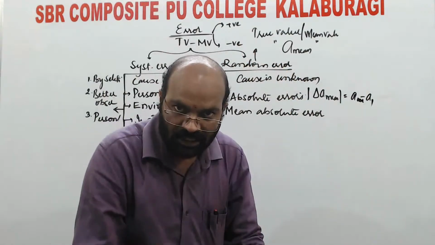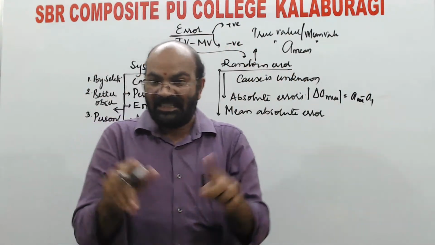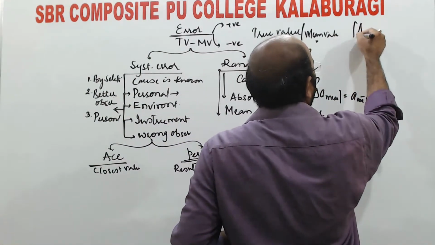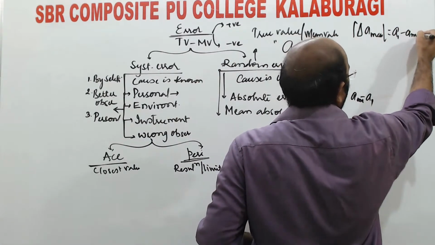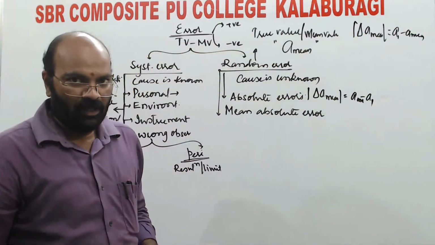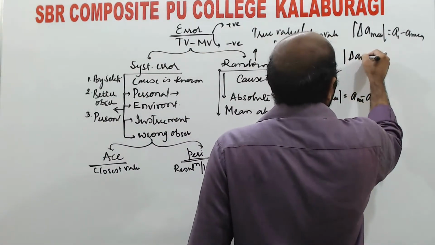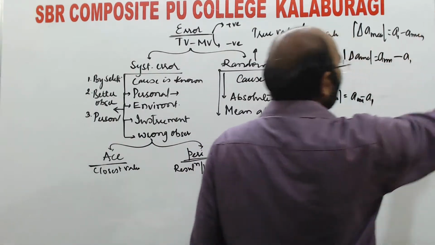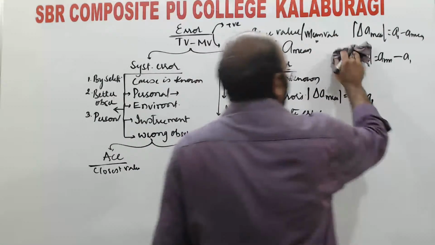For the maximum value, modulus of delta A mean can be written as A1 minus A mean. For a general condition, delta A mean equals A mean, that's the true value, minus the measured value. Both methods are correct. Hope you got the complete information.